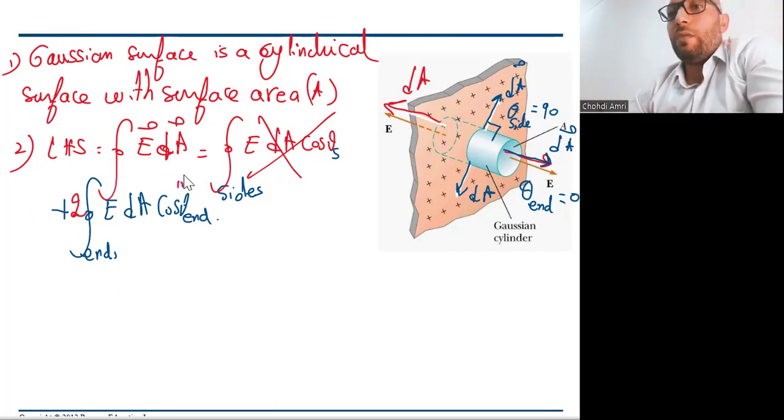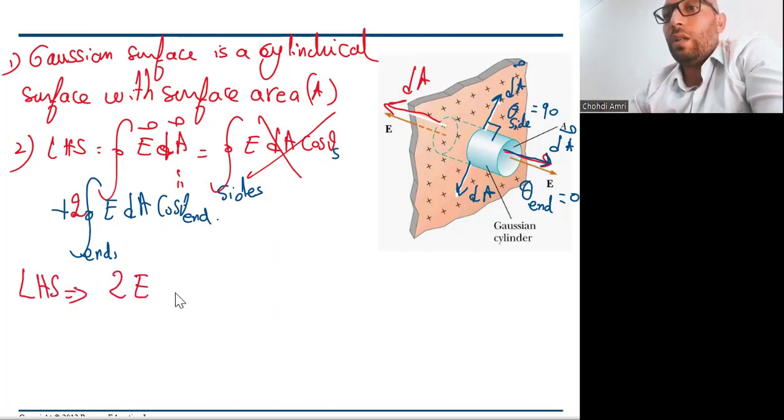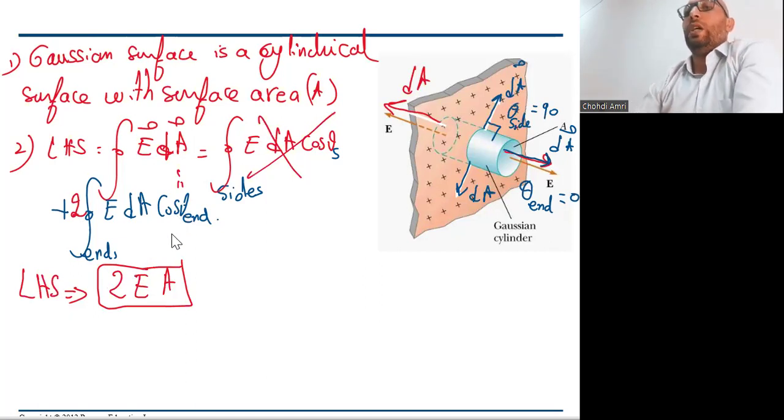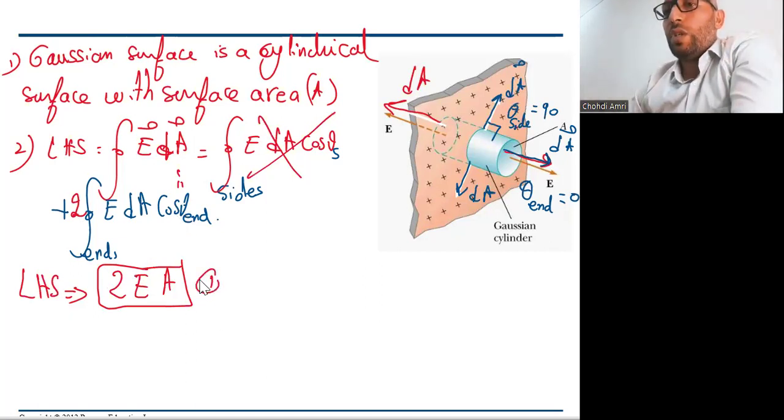And cosine theta for the end is 1. So the left-hand side will be 2EA. The integration of dA cosine theta is 1, so it would be E times the integration of dA, and the integration of dA is A. So this is equation number 1.